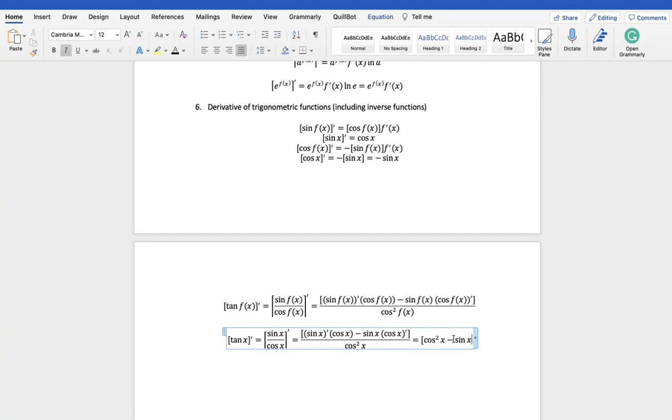So negative, negative becomes positive sine squared of x, because it's sine multiplied by sine.